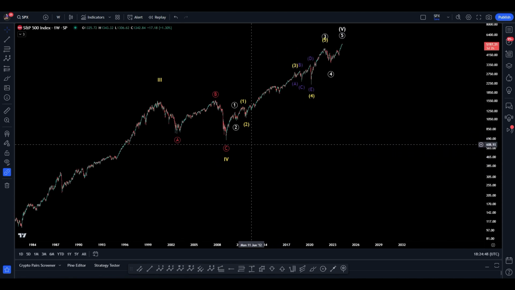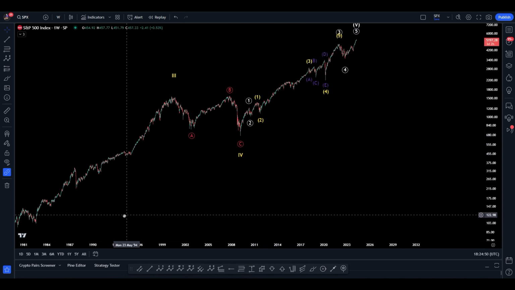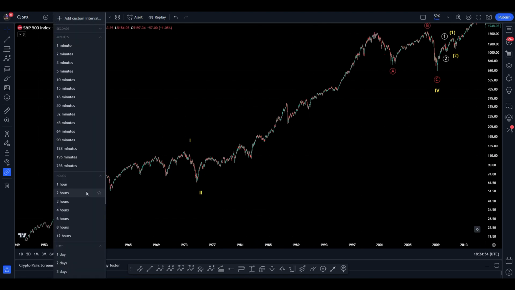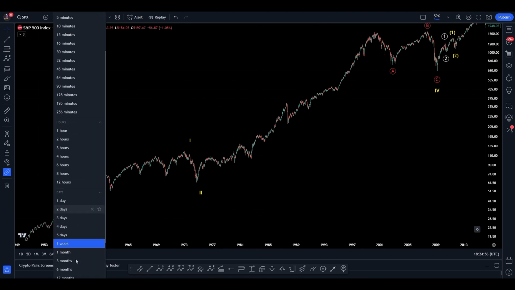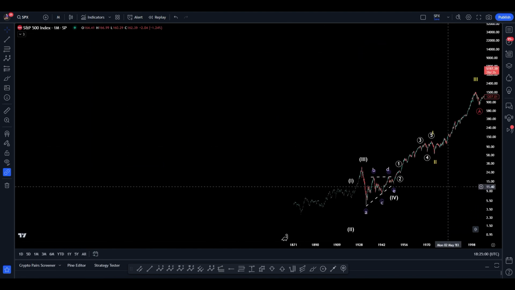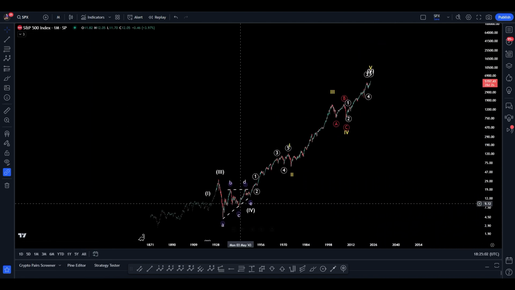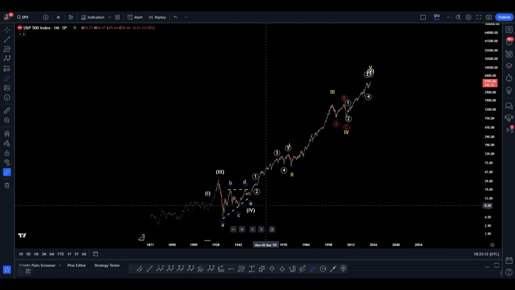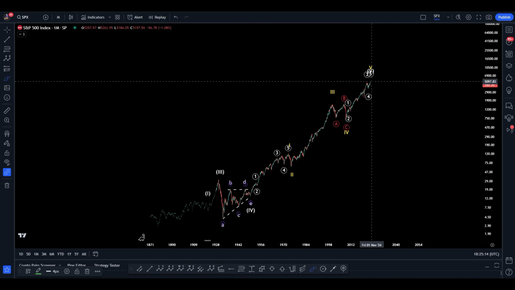We probably have to go to the monthly view to look at this. Here is your previous 4th wave. Now, does it have to get there? No. It's just a guideline. What the guideline tells us is that this should correct down to here, which is really, really, really far away.